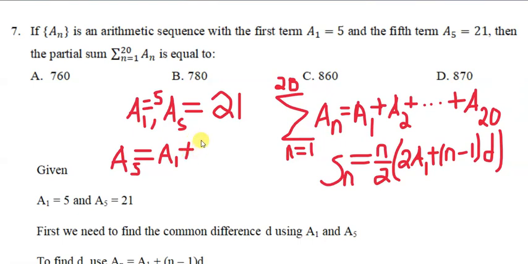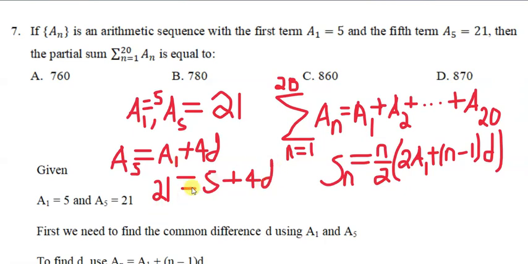We know a5 is 21. So 21 is equal to, again, we know a1 is given, it is 5, and then add this with 4d, where d is the common difference.